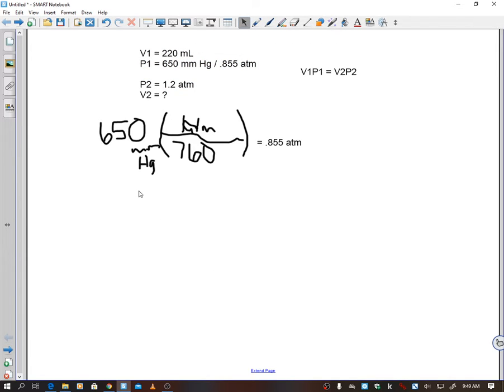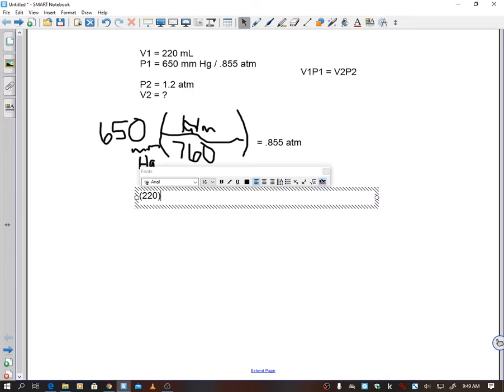All right, so my V1 is 220. I'm going to multiply that by 0.855, because I need these to be the same units, and that equals 1.2 times V2. So I'm going to divide each side by 1.2.